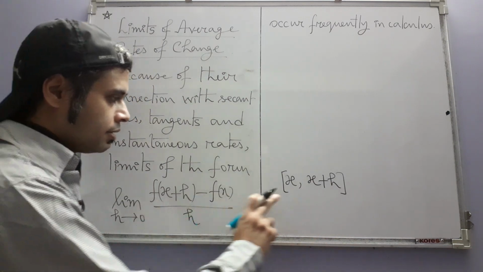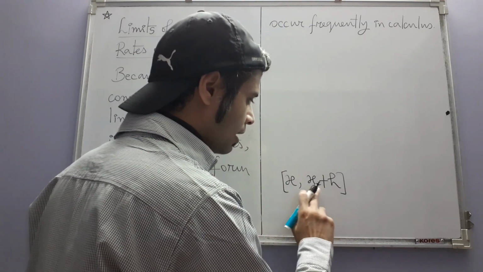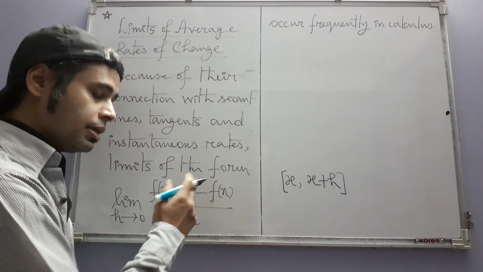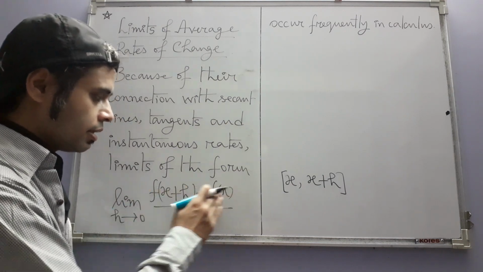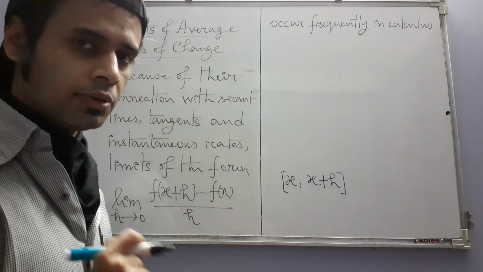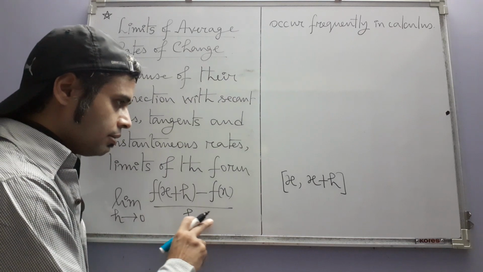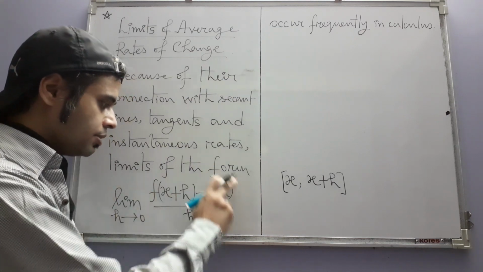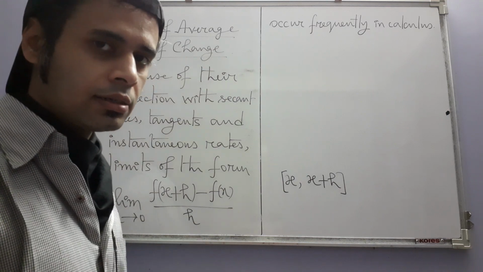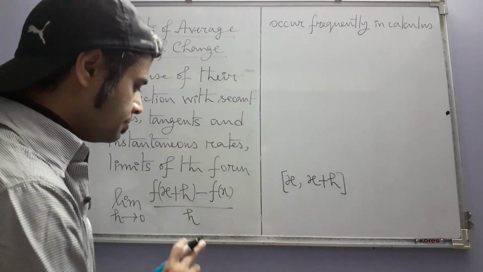Okay. So average rate means you consider the f value at the final point and the initial point, and you consider their difference. So that is the change in the value of f in that interval. But then you divide by the length of the interval, that gives you the rate at which the function changes in that interval, that is the average rate.